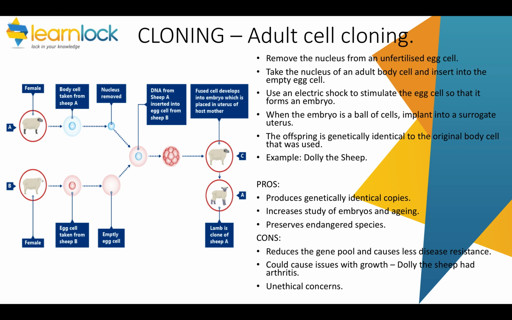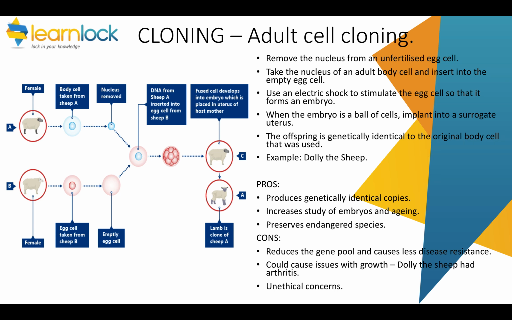And once the embryo grows and the baby sheep is born, it will be a genetically identical clone to the original sheep that you took the body cell from. So it won't be a clone to the surrogate, it won't be a clone to the one that you took the egg cell from, it will be a clone of the one you took the body cell from.